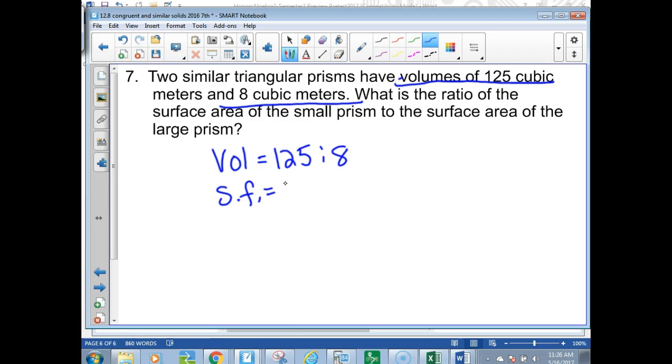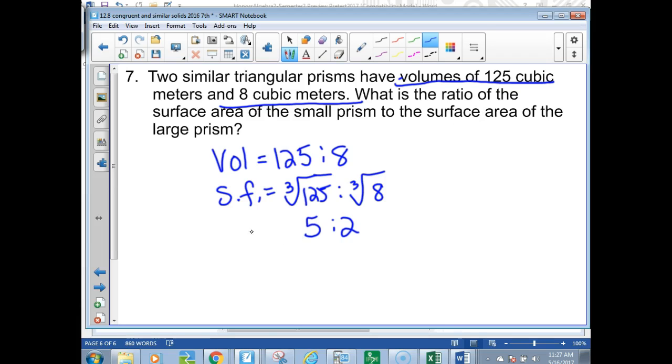The scale factor will be the cube root of 125 to the cube root of 8. Uncubing 8 is 2. 5 to 2 is the scale factor.